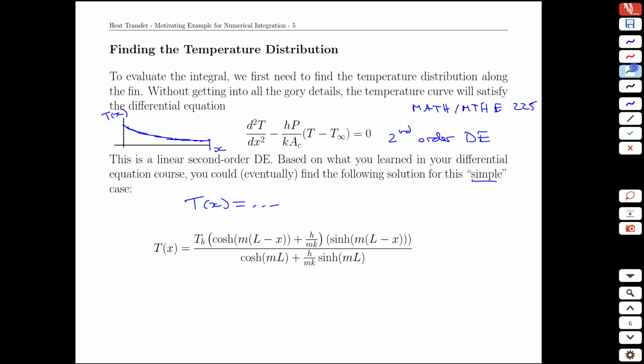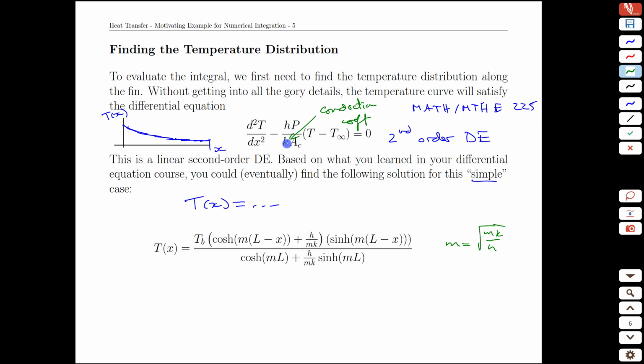The K actually is a new K. That is the conduction coefficient, so it's how quickly heat flows through the material itself. The perimeter's in there. This m value is something nasty like the square root of hP over kA or something. So even the constants in here are ugly and complicated. So this is our T.